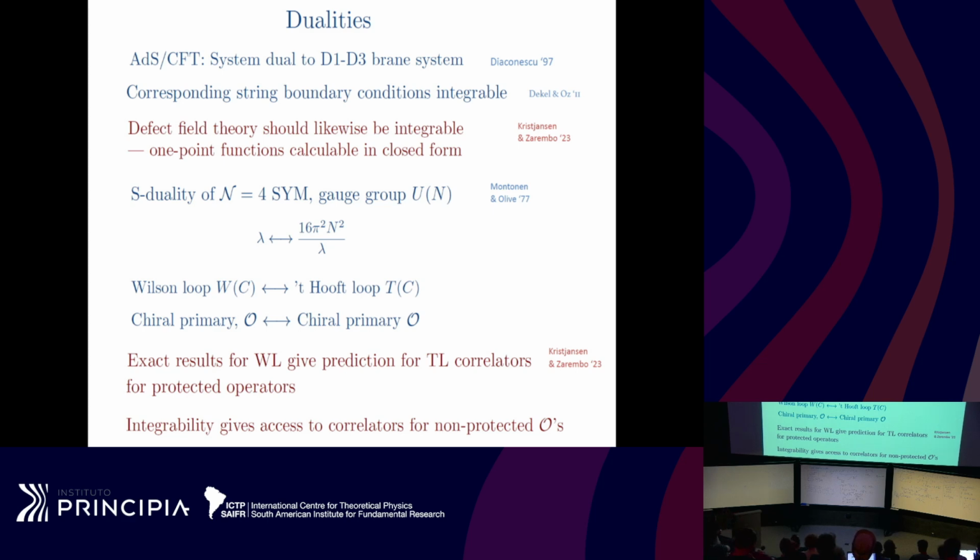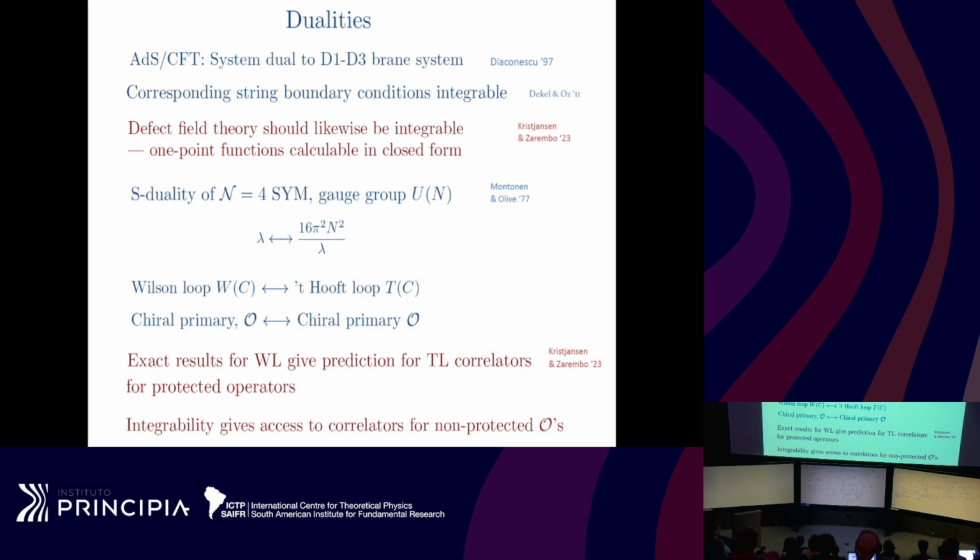And Dekel and Oz have listed the possible boundary conditions for open strings in various brane setups, and this setup is one of those which are supposed to be integrable. So therefore we also expect the gauge theory setup to be integrable, in the sense that we expect to be able to compute one-point functions exactly.